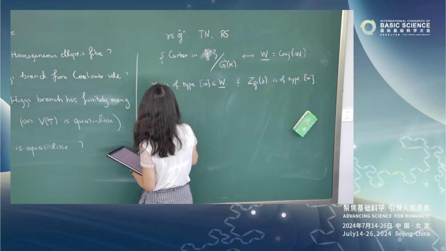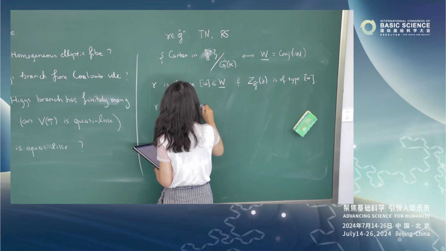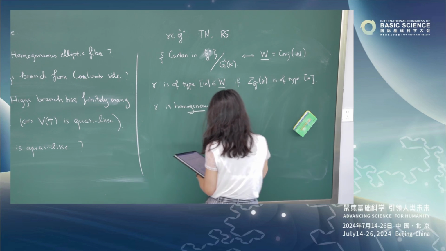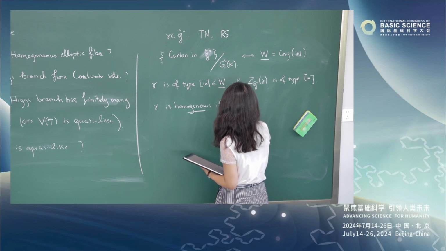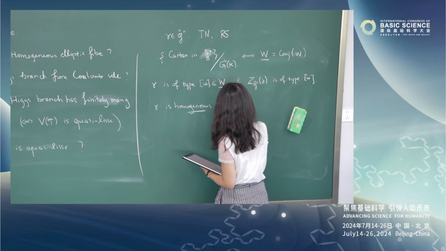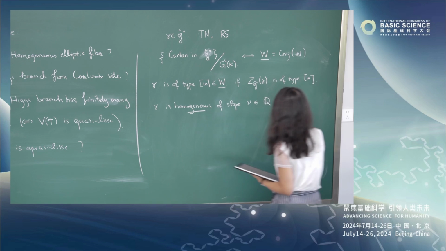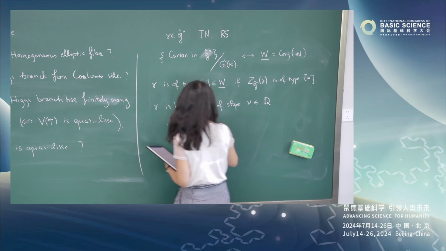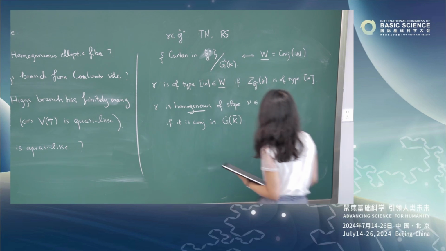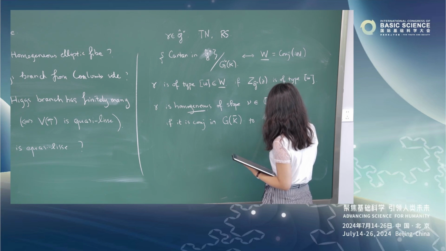And then I will consider a homogeneous element. So gamma is homogeneous of slope nu, which is a rational number, if it is conjugate, in G over the algebraic closure of K, to an element of the form of a finite Cartan element times t to the power of nu.